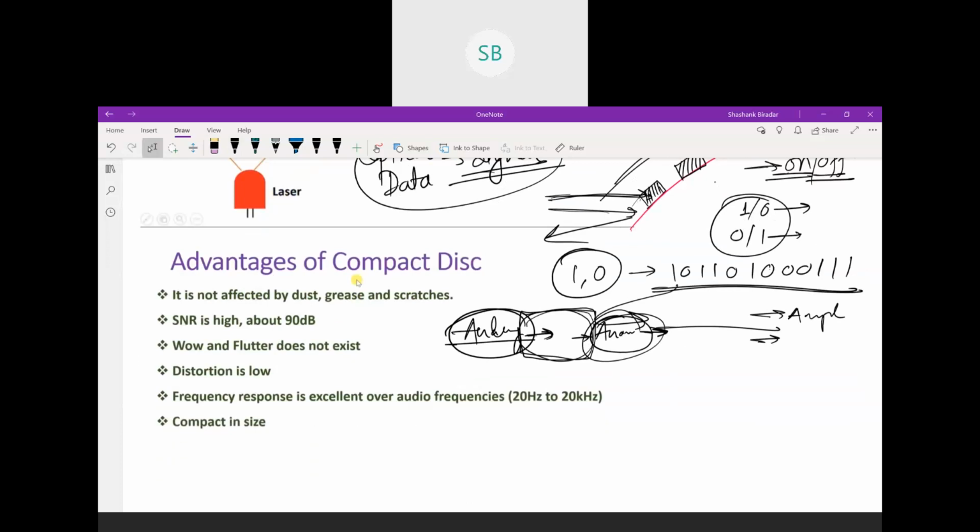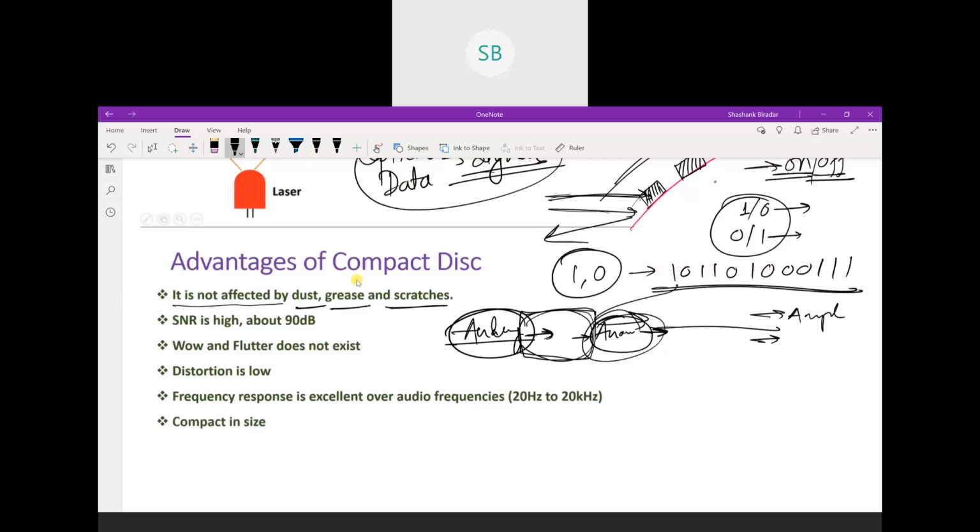What are the advantages? It is not affected by dust, grease and scratches. The quality of the disc manufacturing must satisfy this. What we have seen is that photographic film and magnetic tapes cannot sustain wear and tear for a longer time.